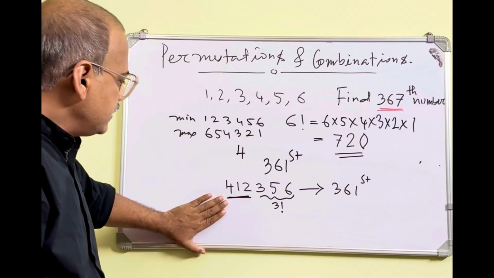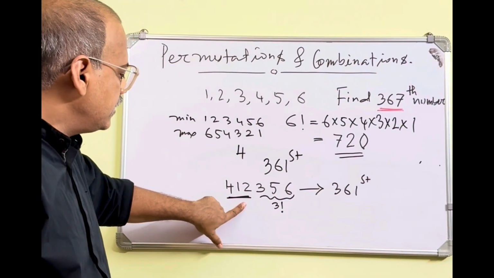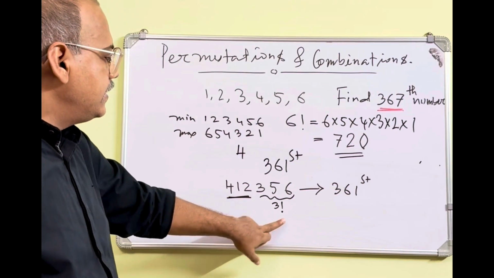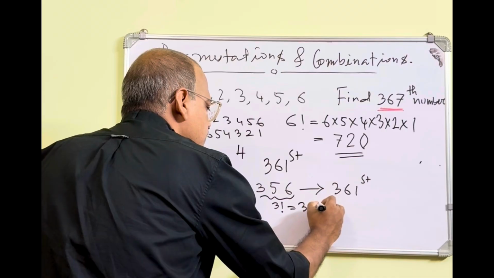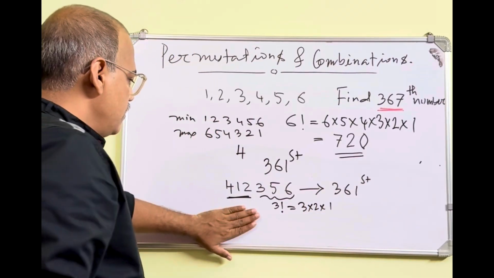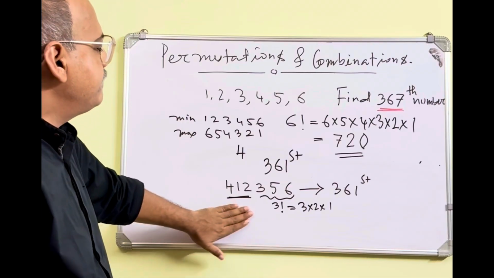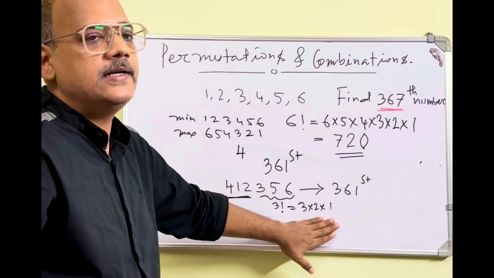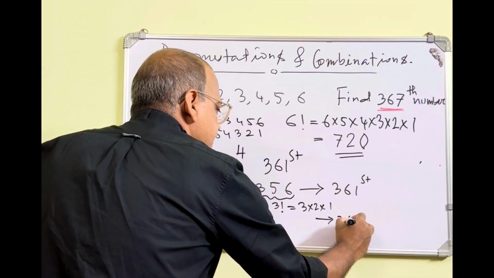So the number starting with 412, we can have 6 such numbers: 3 into 2 into 1. So that's 360.